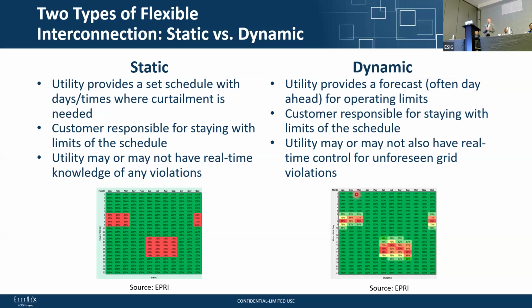The static one is obviously less complex and easier to implement, but it is a more conservative approach and will lead to more curtailment. With dynamic, you will be able to allow the DER to produce more, but it creates more complexity and potentially more advanced systems need to be looked into.